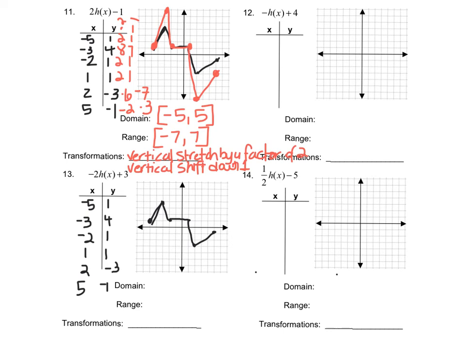I see those from here. I can get my transformations right from here. That is a vertical stretch by a factor of 2 and a vertical shift down 1.